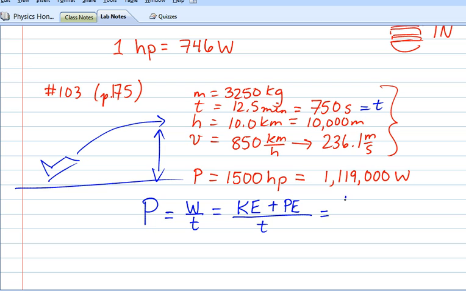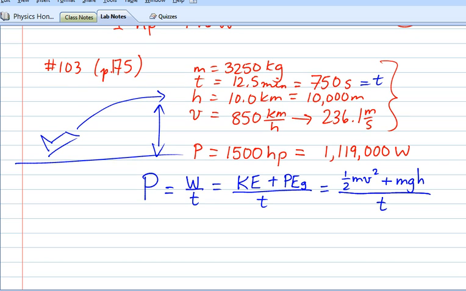Kinetic energy is 1/2 mv squared. Potential energy due to gravity, as we've talked about earlier, is mgh near the surface of the Earth, and 10 kilometers is not far enough to worry about. Then we divide by the time.